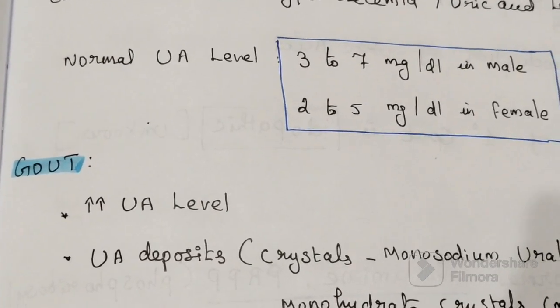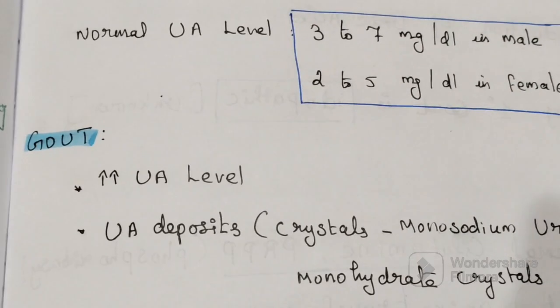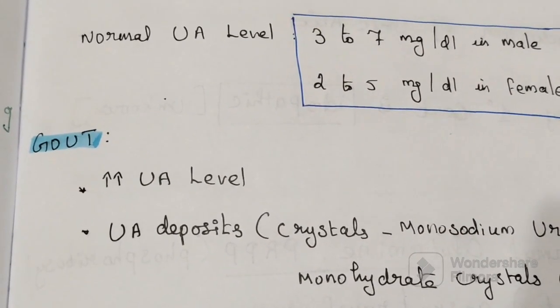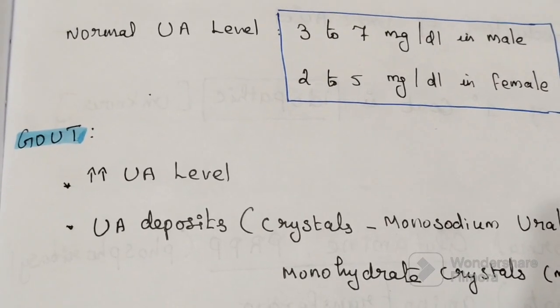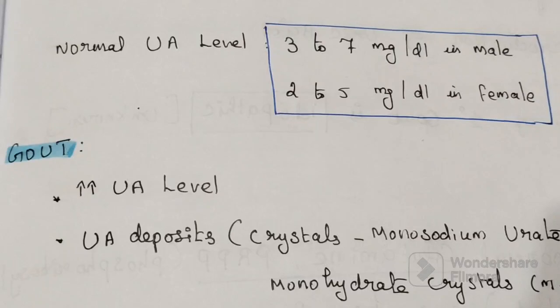The most common cause of hyperuricemia is gout. Gout is characterized by increased uric acid level.